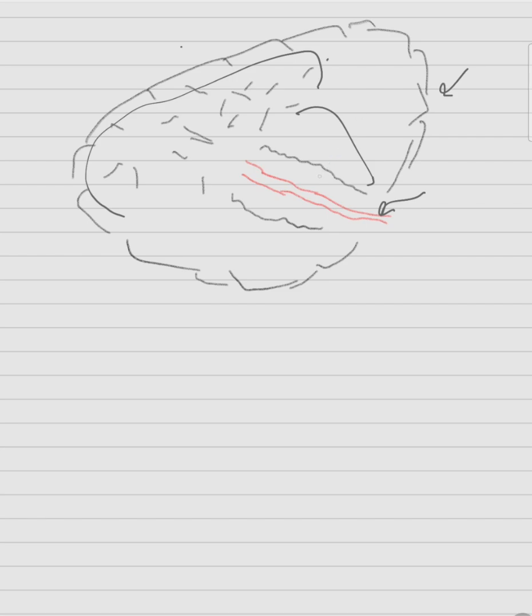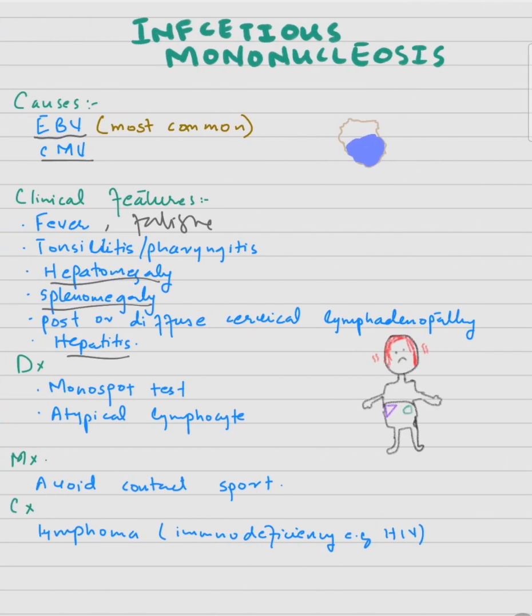It has a lot of T cells, these CD4 positive T cells, not helper T cells. When they are activated in infectious mononucleosis and undergo hyperplasia, that results in splenomegaly. So that was the mechanism of how splenomegaly occurs.